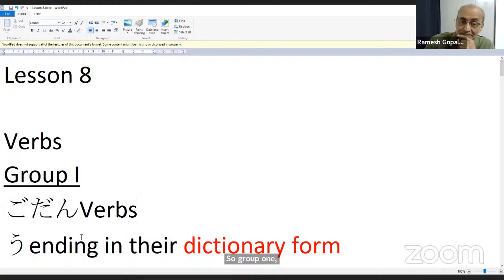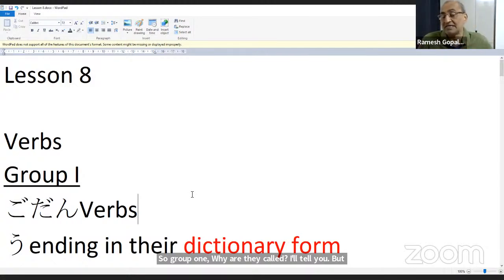I'll tell you. But before that, like I told you for i adjectives, how do you identify an i adjective? You hear people use adjectives, you see an adjective, and then how do you know what kind of adjective, i or na adjective? I told you how to identify. Now, how do you identify a group 1 verb? Remember one thing.